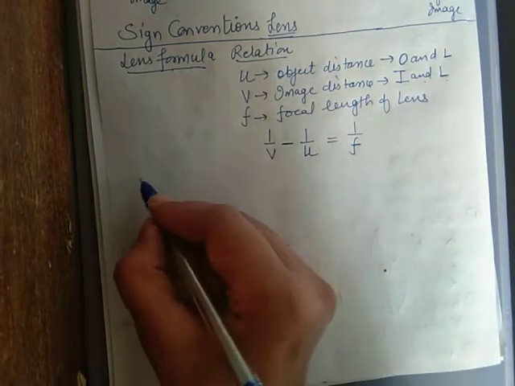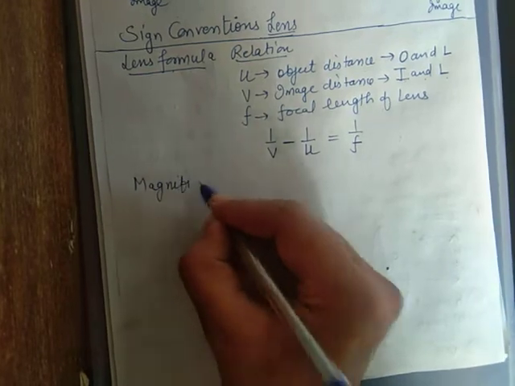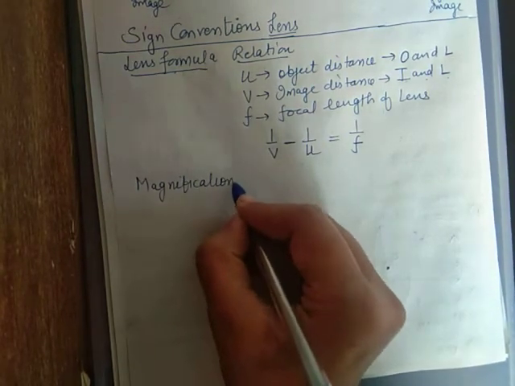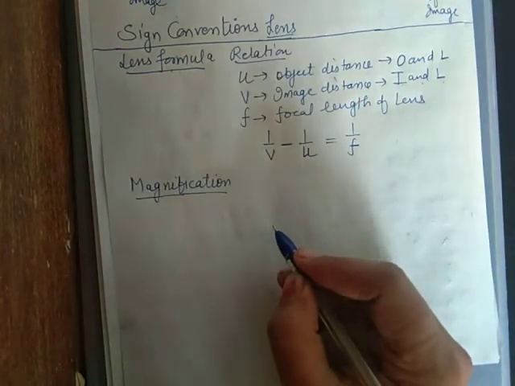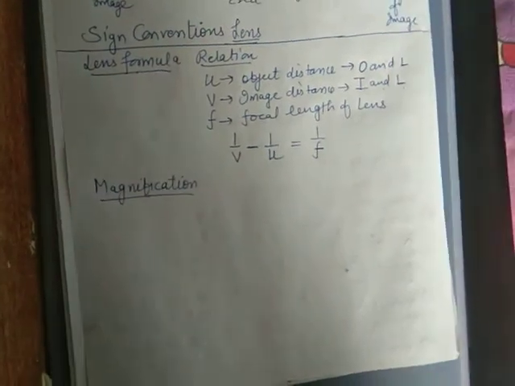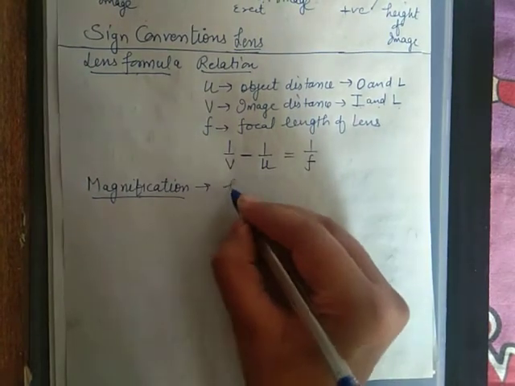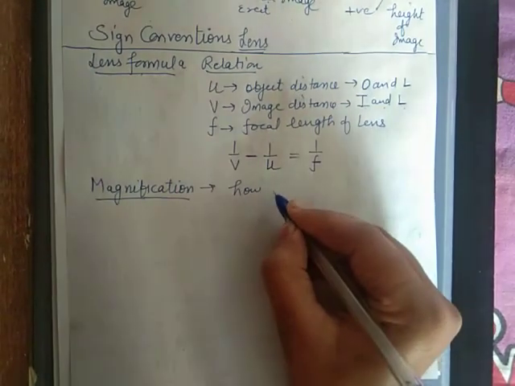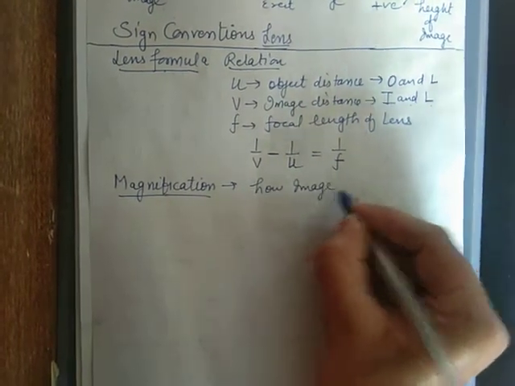And now for numerical continuation, I am going to define a new term, that is magnification. As you have learnt image formation by convex lens and concave lens, what do you mean by the term magnification? Magnification means how the image is magnified.